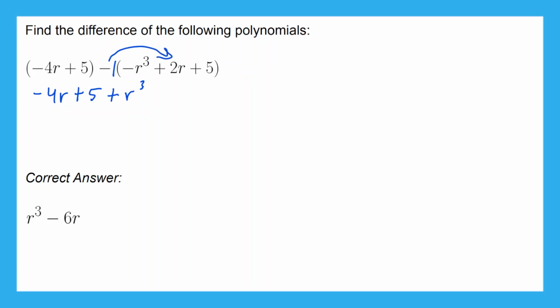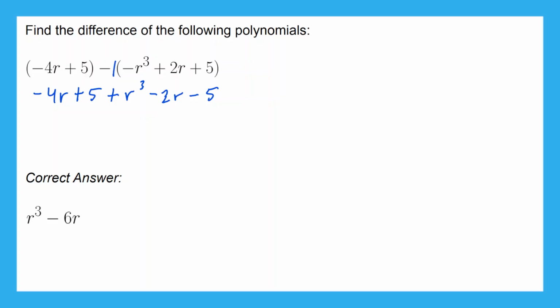So negative 1 times 2r would be a negative 2r. So we're going to write minus 2r. And now we're going to do negative 1 times 5 is minus 5. So minus 5. All right, very good.